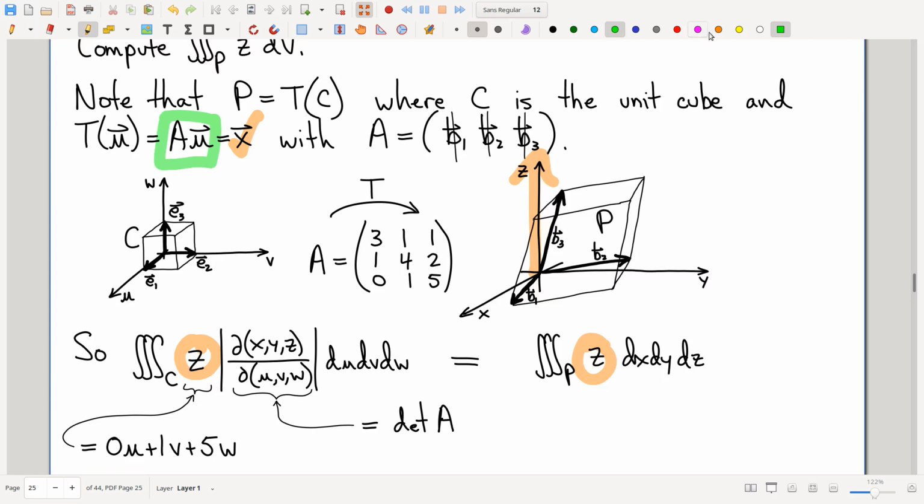If you want the third element, you take the third row of that matrix and dot it with UVW, and that gives you that right there. So, short version, take this formula and multiply it out explicitly. A is this matrix, U is UVW, X is XYZ. Multiply it out, and Z will be that.